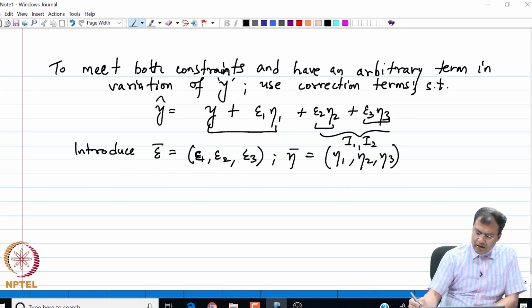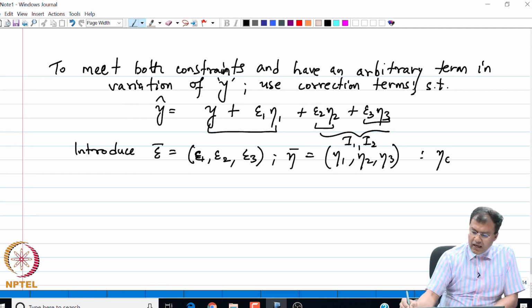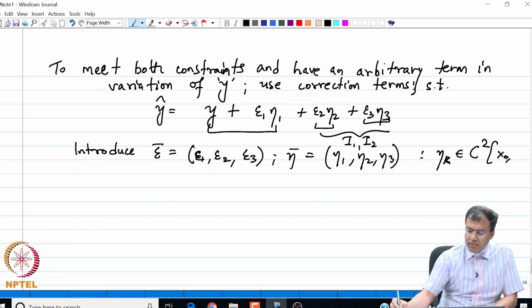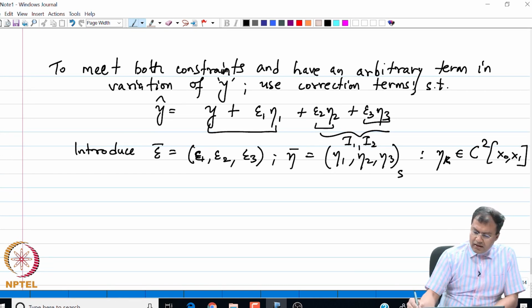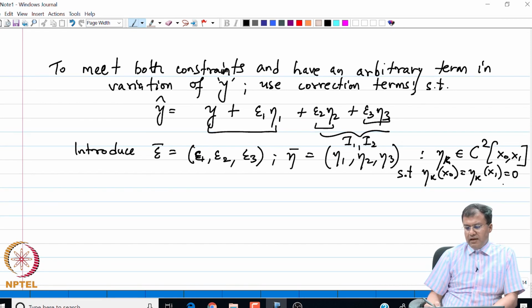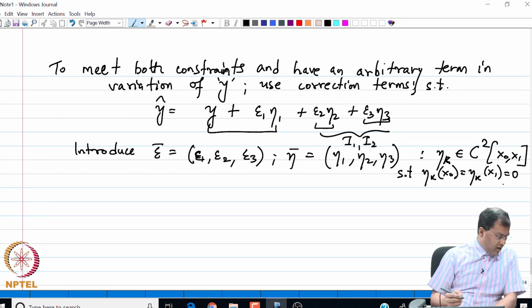My eta k are all second order differentiable from x 0 to x 1, such that eta k of x naught is equal to eta k of x 1 is equal to 0, right. So, the perturbations vanish on the boundary, which is needed for all sets of perturbation.